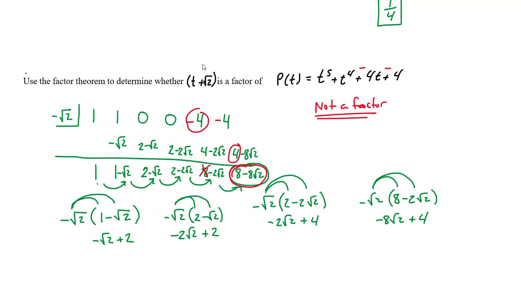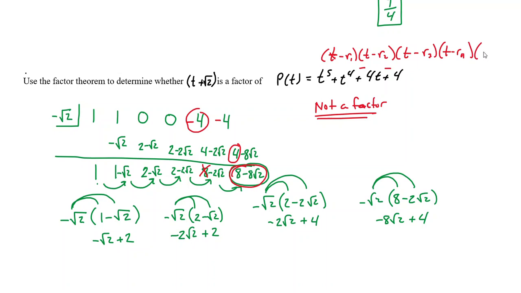And let me just say one real quick statement about this. When you have a polynomial, a polynomial is made up of factors. In this case, it would be t minus r1 times t minus r2. And it's a fifth power, so this can be t minus r3 and t minus r4 and t minus r5.